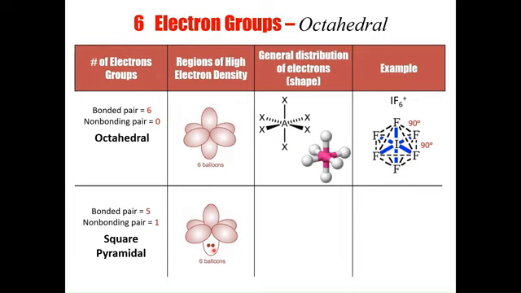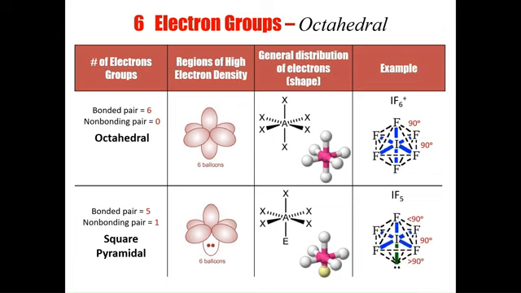The lone pair pushes up against the bonding groups to create this planar structure, and one of the bonding groups protrudes upwards into this triangular shape. The general representation of these compounds is shown here, and an example of a square pyramidal compound is iodine pentafluoride.